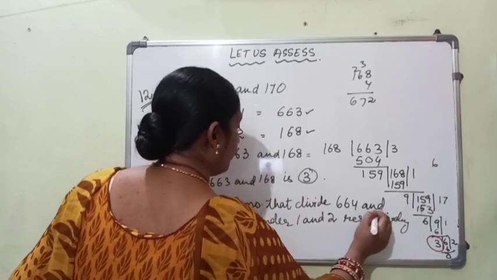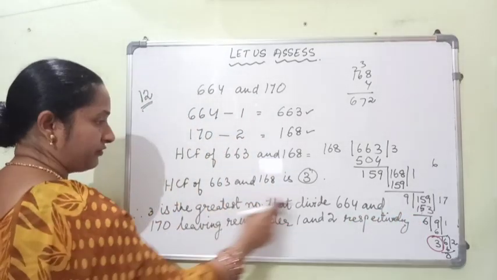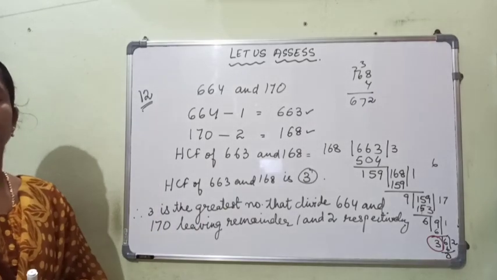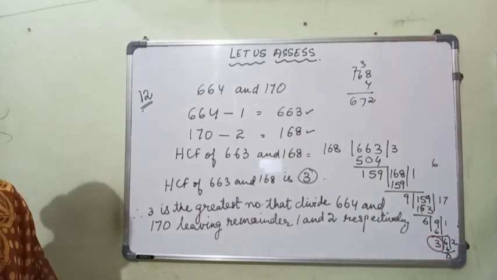Respectively means the first remainder refers to the first number, second remainder refers to the second number. Understood, children? So this is how you are going to solve question number 12.